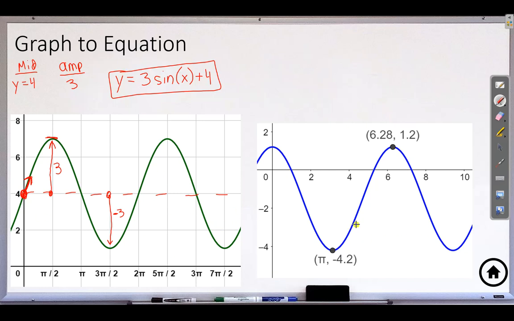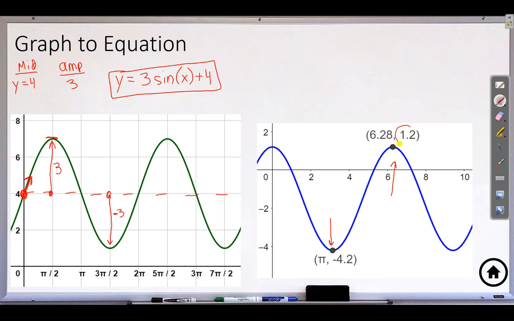All right, next one. This one is a little bit harder because you can't eyeball the middle. I know my midline is in here somewhere, but it doesn't look like it's exactly 2. So we have to do a little bit of math to figure out where the middle is first. Because all this is talking about vertical, I need to know my amplitude, which is up and down.